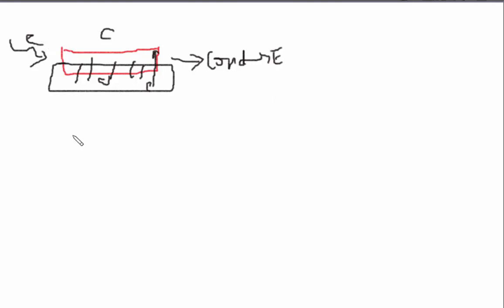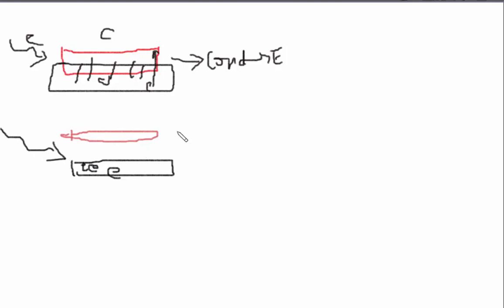Now let's talk about the semiconductor. This is the conduction band, this is the valence band. So the electrons are present here. If some amount of energy falls here, a small amount of energy is enough for electrons to jump from the valence band to the conduction band.